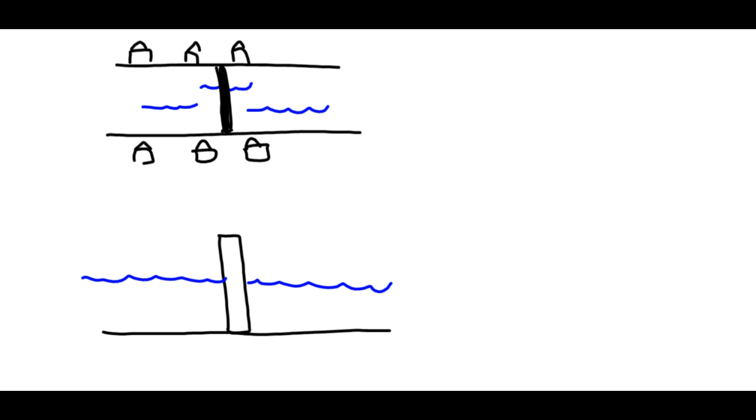But the water is flowing, let's say the water is flowing this way. So as the water flows this way, it hits the dam, and more of that water rises. The level rises. Right? And now what we have is a difference in height, which we can use to power a turbine by funneling the water down to the other side. So this powers our turbine, which is located inside the dam.